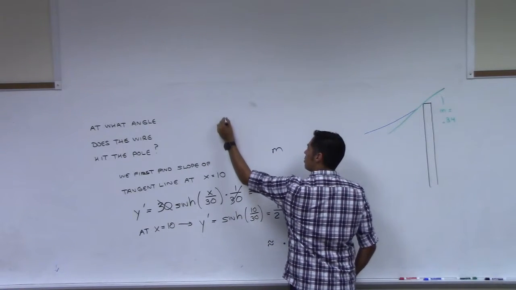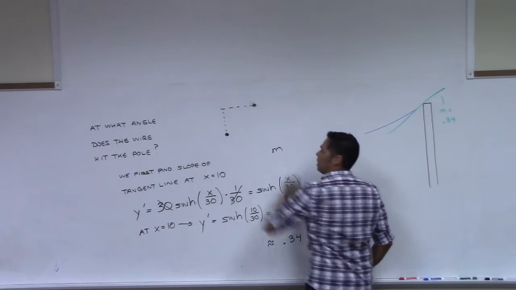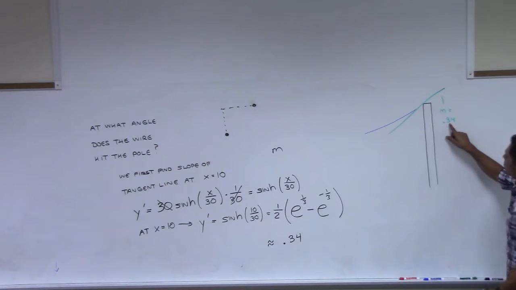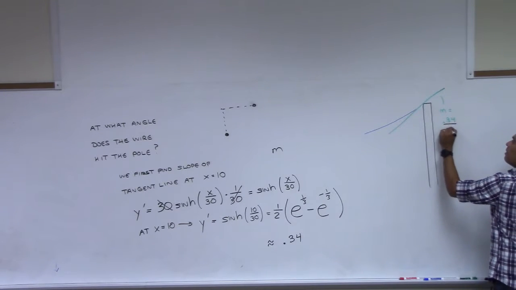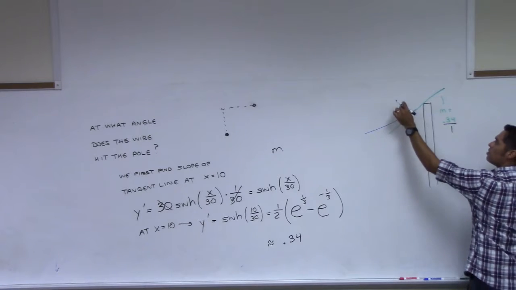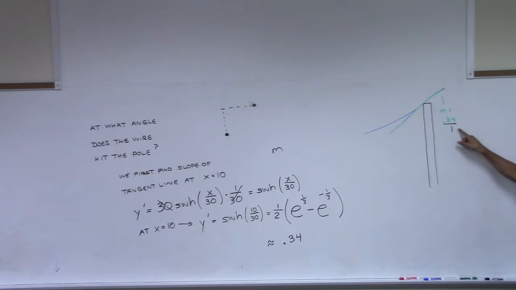It tells me how much to go up and then how much to go over, and then I draw a point. If I tell you that the slope of this line is 0.34, that means that everywhere, if you were to go from one point to another, you would use this ratio, rise over run.